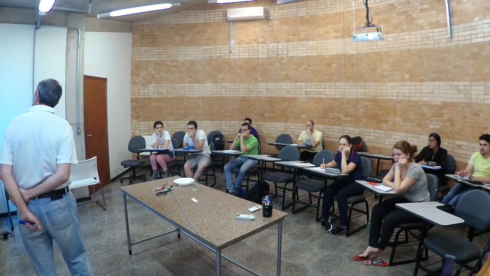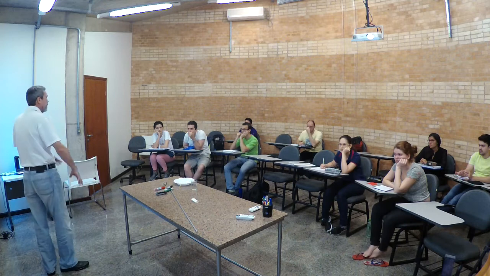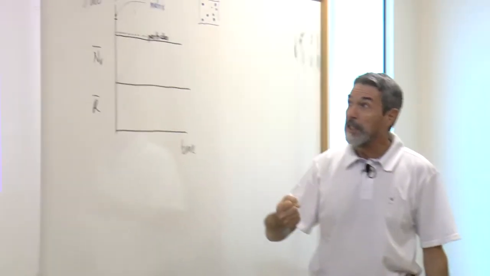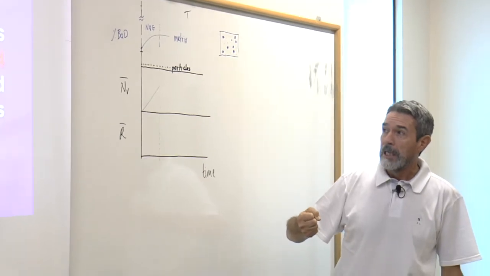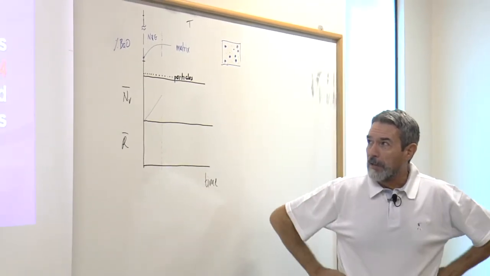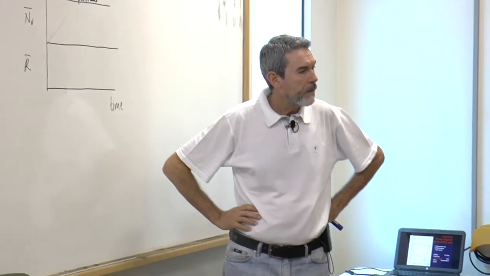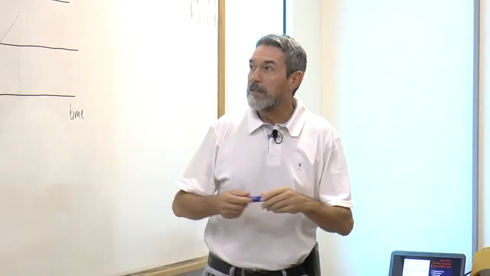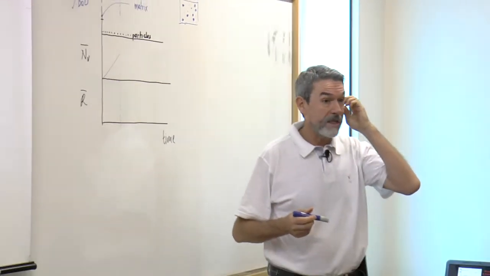If I continue to heat treat, I have formed a certain number of particles in the sample. What happens to them? The number actually decreases. This is a process called coarsening.